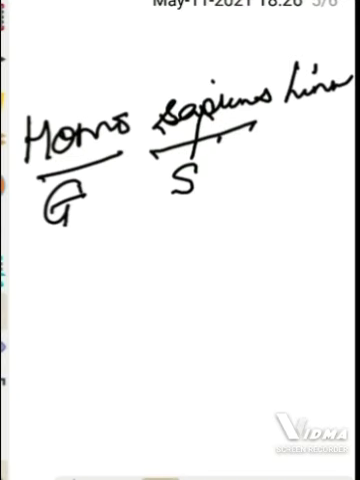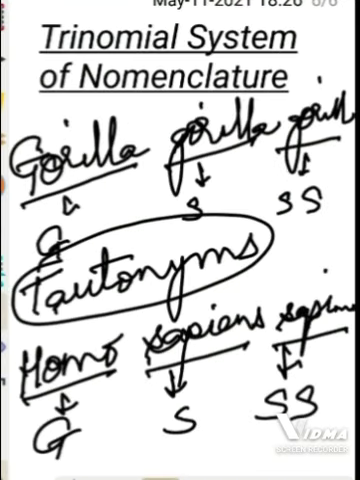Then next is the trinomial system of nomenclature, which is not very common. Every organism has not been named in the trinomial system. For example, Gorilla gorilla gorilla, where the name of the subspecies is also written. Homo sapiens sapiens. Tautonym is the term used when the name of the genus and species is similar, like gorilla gorilla. So I hope you have understood the binomial and the trinomial system of nomenclature.